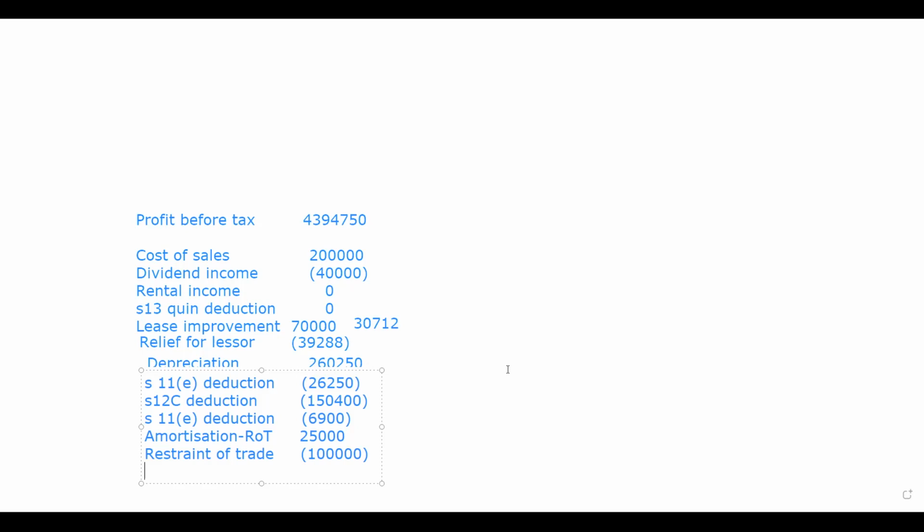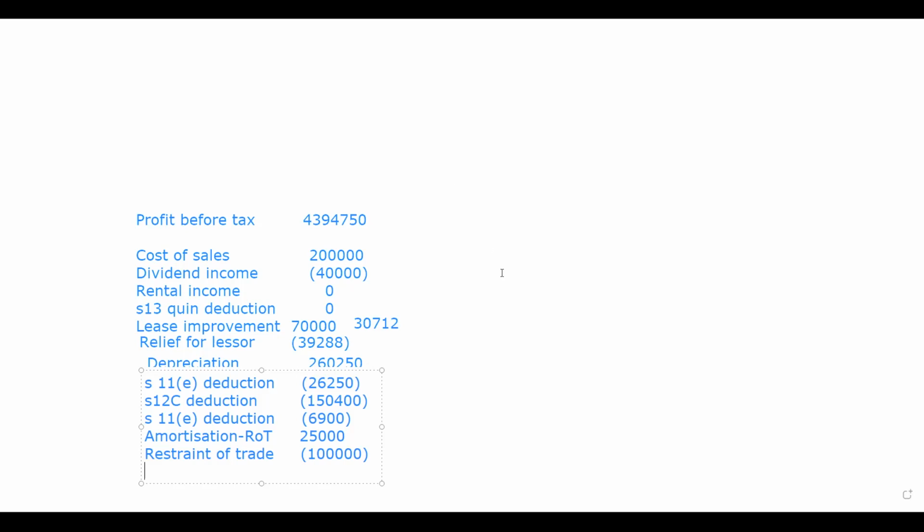So it was involuntary, right? Like a fire broke out, you had to dispose of it. That's when 65 applies. But 66 is if there's a replacement asset. So there's a replacement asset, so 66 applies. So we can defer the recoupment, right? Let's continue, and I'll show you how you actually defer the recoupment.